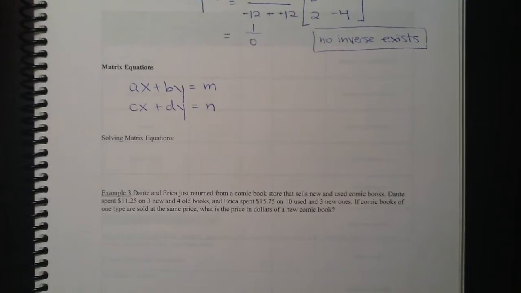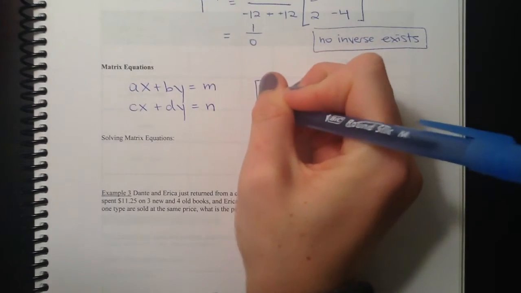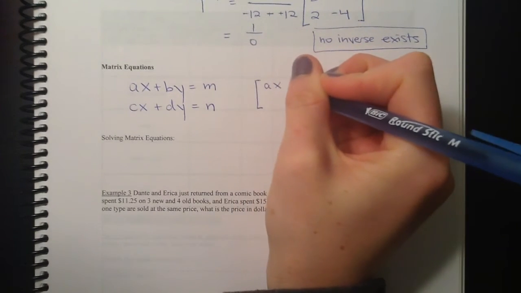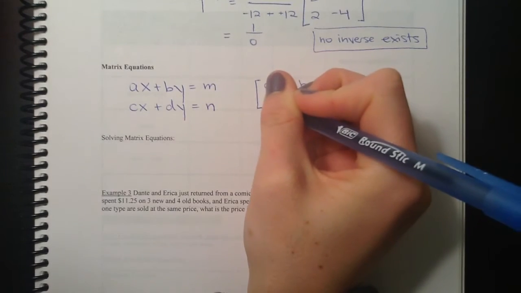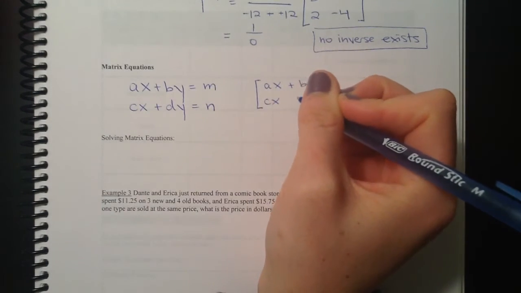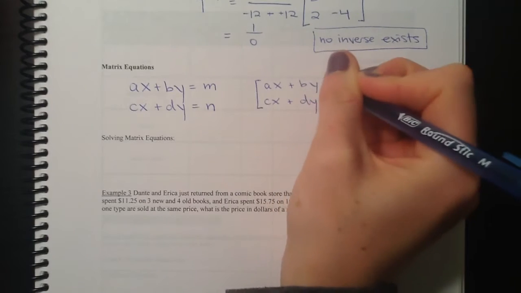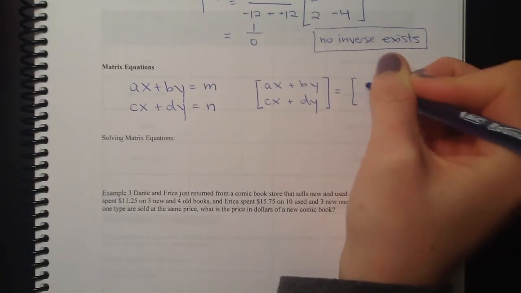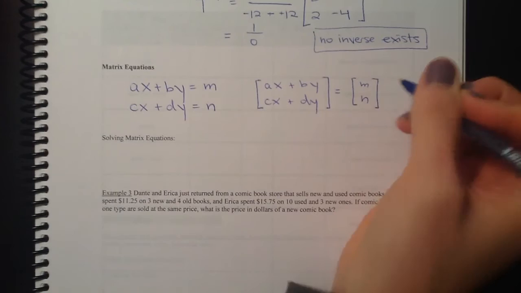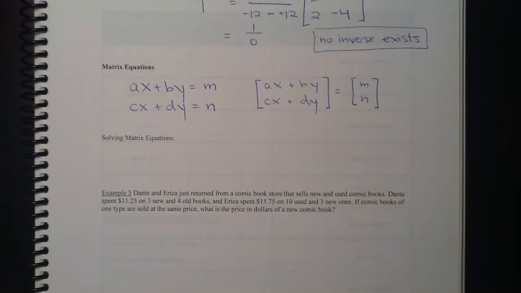So here's how you set up. We can put these into a matrix, and it looks like this. Okay, so first they start by just writing both sides as a matrix, like this. We can write the left-hand side as the product of the coefficient matrix and the variable matrix.